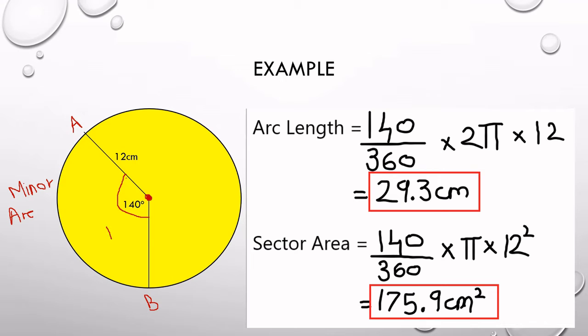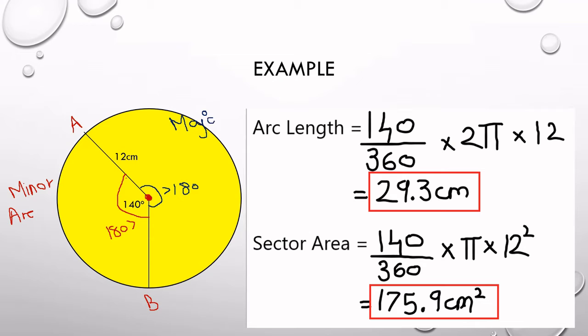This angle is less than 180. If you use another color, this angle will be greater than 180. So this AB would have become the major arc.